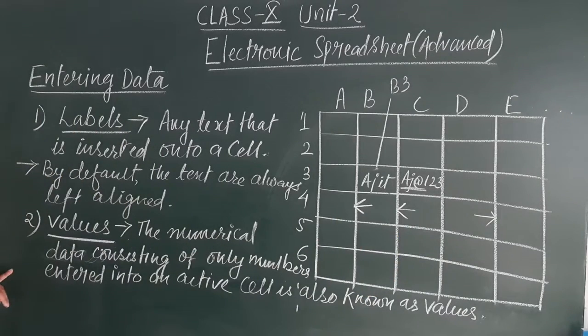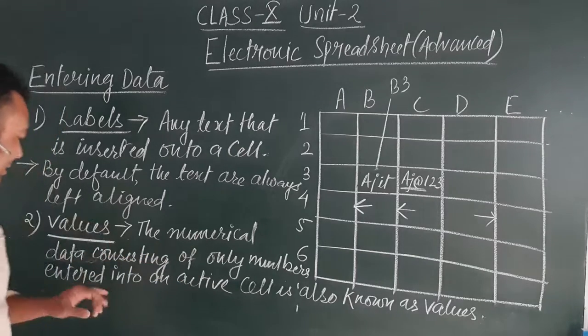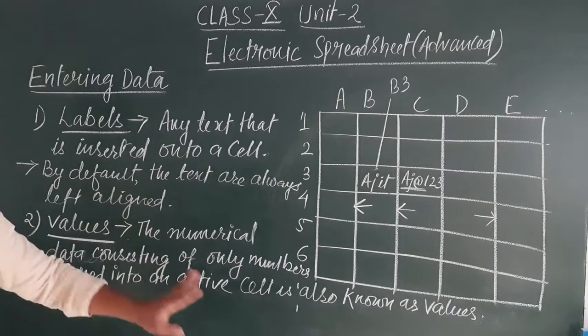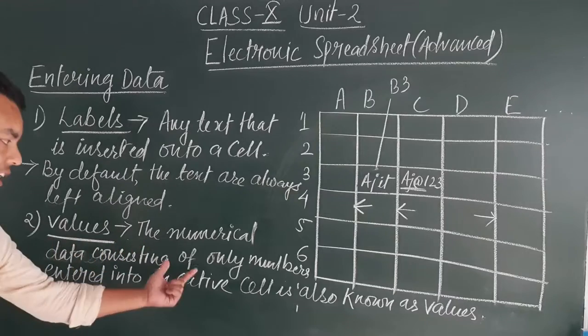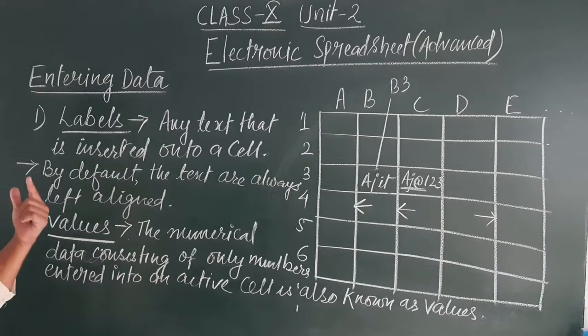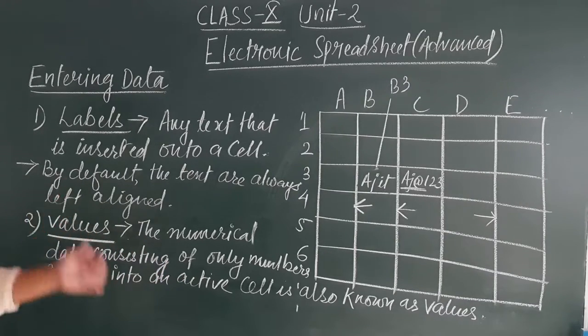Fine. So whenever we are inserting any numerical data which consists of only numbers into an active cell, that numerical value, that number, can also be termed as value.